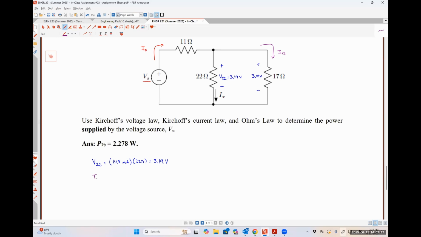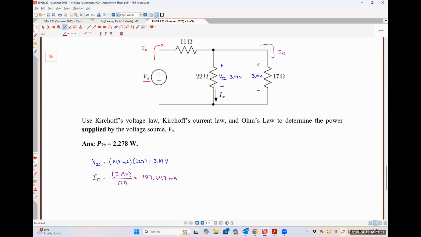So using Ohm's law, I17 is going to be 3.19 volts divided by 17 ohms, which I get to be 187.647 milliamps.